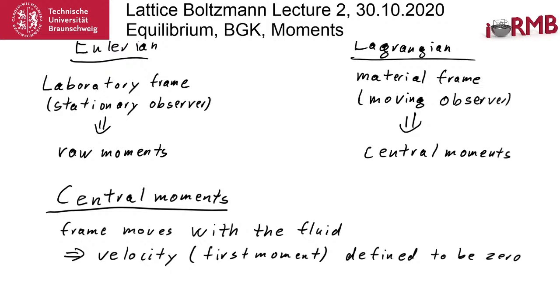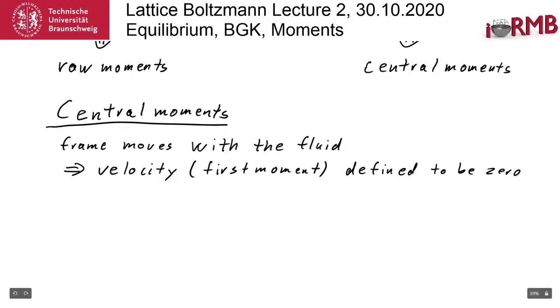If we have a distribution, and we learned this is a Gaussian distribution, it looks like this. This here would be xi, and this would be f.